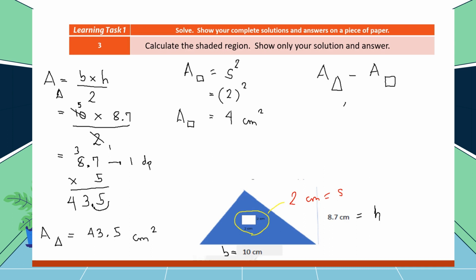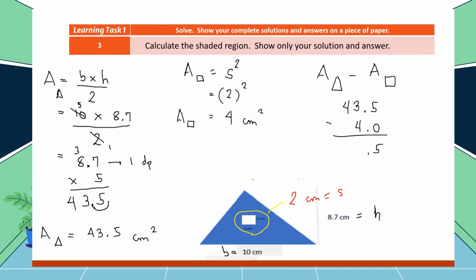So, that is 43.5 minus 4. Okay, dahil 4 could be 4.0. So, 5 minus 0, well, the answer is 5. 3 minus 4, cannot be.